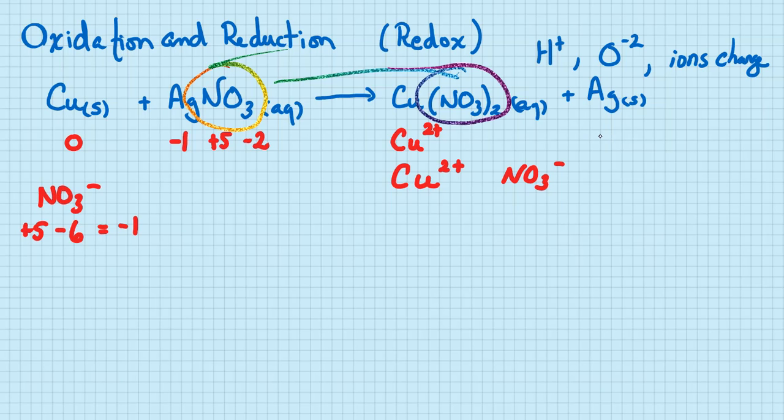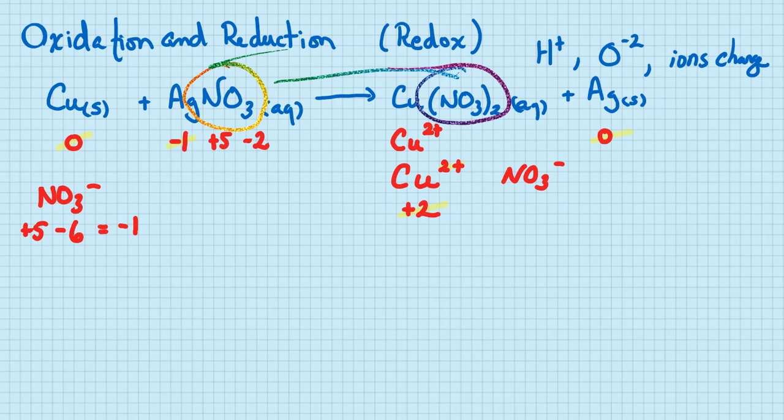This copper is just 0, so we have a +2 here for copper, a 0 for Ag. If you take a look at this, it looks like two things have changed. We have this guy that's changed to 2 plus, and this guy that's changed to 0.